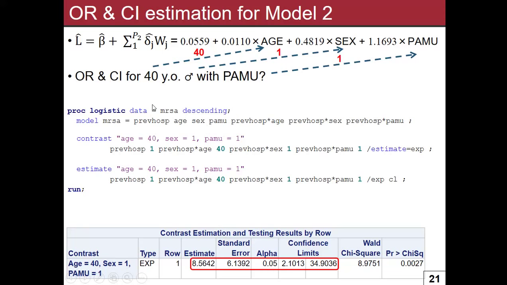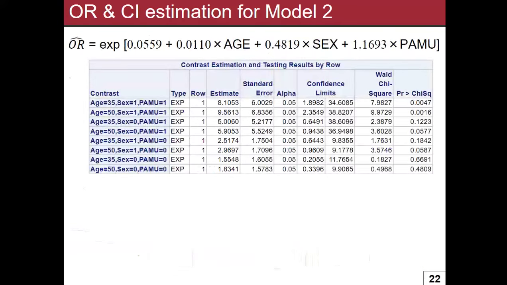Only the terms that have prev-hosp are going to be in the contrast statement. You need to fit age, sex, and PAMU. They're important, being controlled for in the model, but they just don't need to appear in the estimate statement. So this doesn't mean leave them out of the model. This just means they don't belong in the odds ratio expression. Okay, so that's how we use these to get confidence intervals in this world of EVW models.